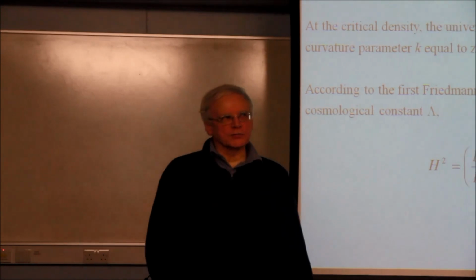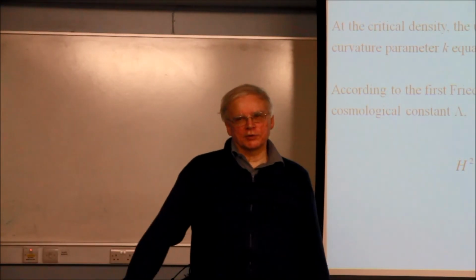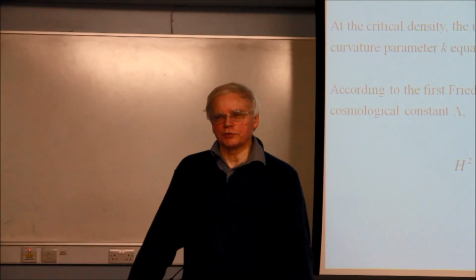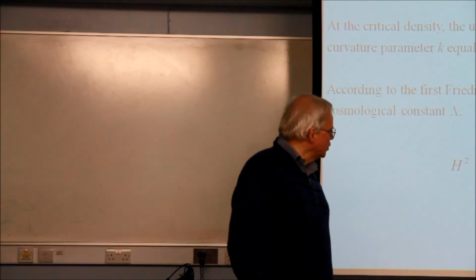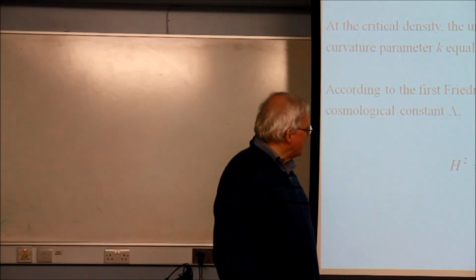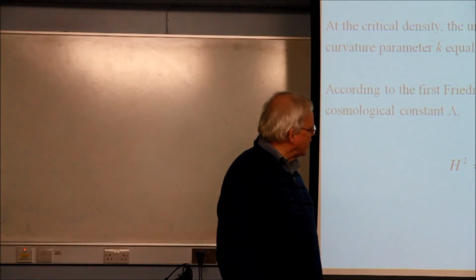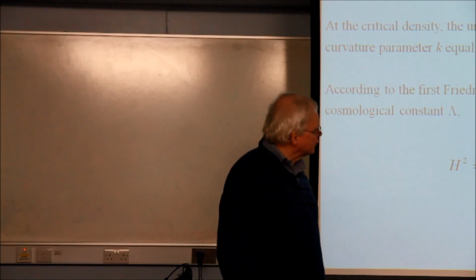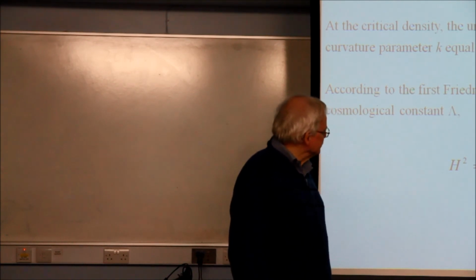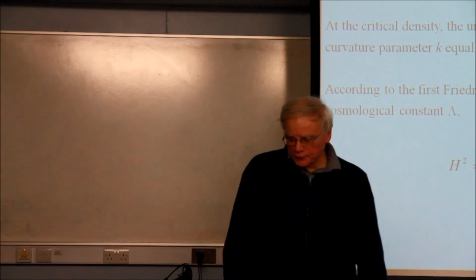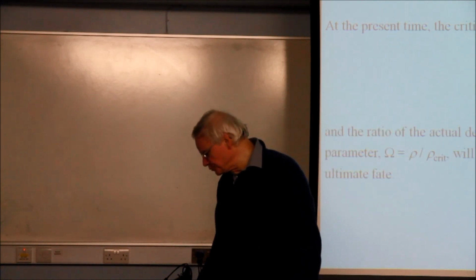When Friedmann did these solutions, I think Einstein hadn't come up with the idea of the cosmological constant. But that can always be added in later. So it's basically velocity over distance, all squared, is the Hubble constant squared. So that would be the first Friedmann equation.